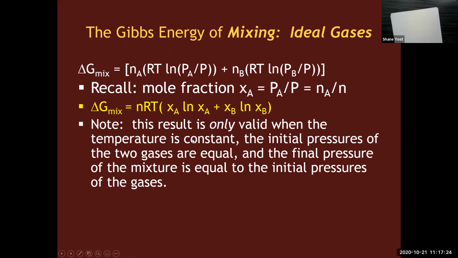Again, this is only true if temperatures remain constant, the initial pressures of the two gases are equal, and the final pressure of the mixture is equal to the initial pressures of the gases. So again, it's kind of a narrow thing. But often, if we're mixing gases in a lab, this is what's done.